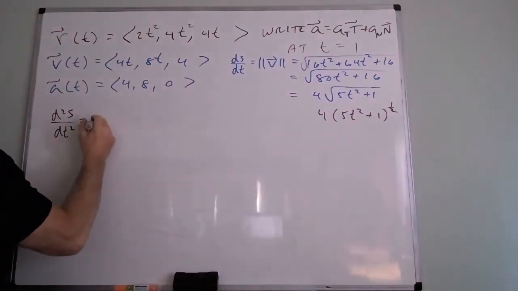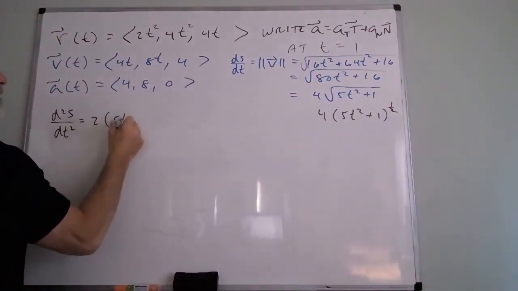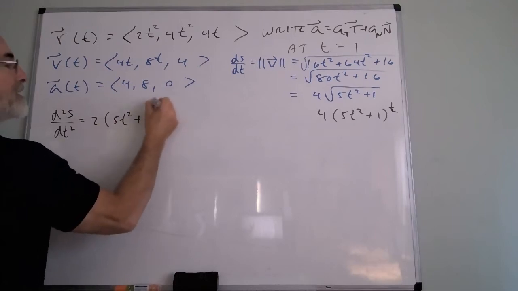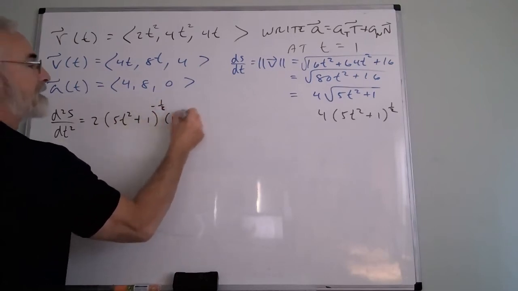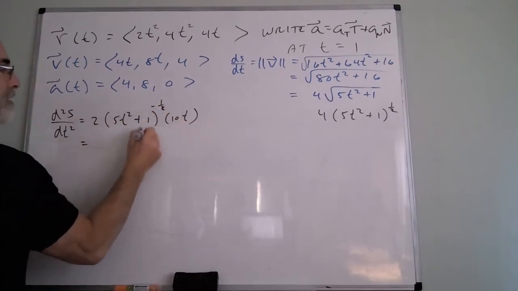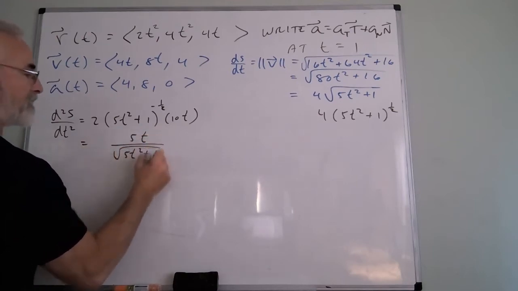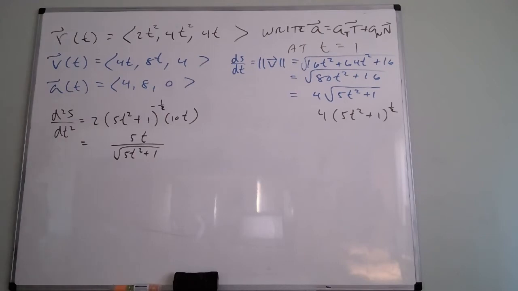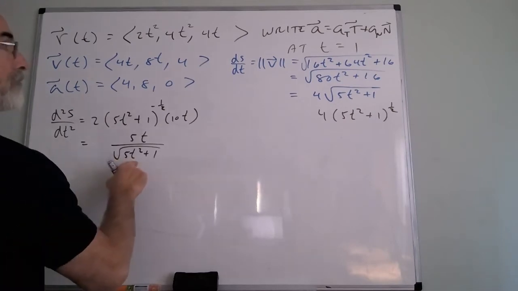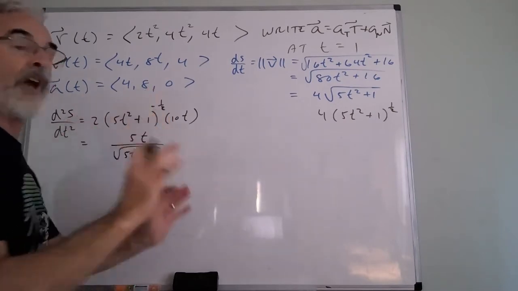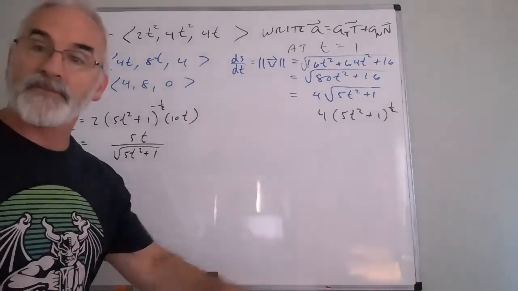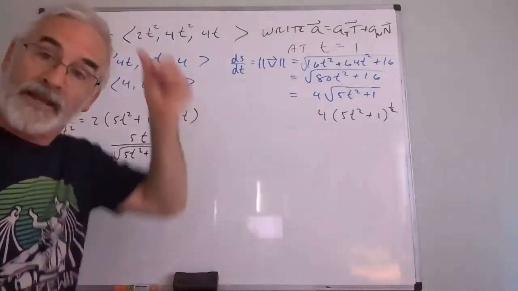This would be 2 times (5t squared plus 1) to the negative 1/2 times 10t, which is 5t over the square root of 5t squared plus 1. Okay, I got that. Now what? I could actually stop and not do any more derivatives at this point. That would be totally okay.